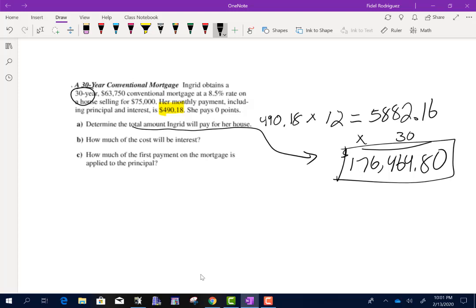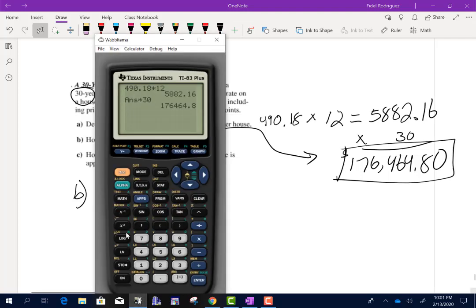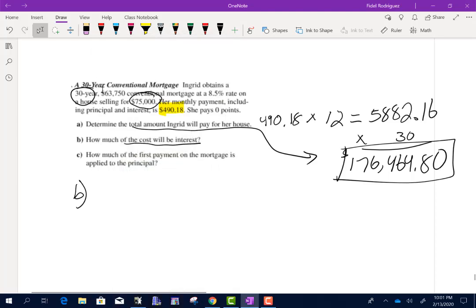Okay. Now, part B says, how much of the cost is going to be interest? Well, think of how much the house cost. The house cost $75,000, right? So I'm going to take my calculator right here, and I'm going to say, what's 75,000 minus, actually, you know what? Her mortgage was this amount right here. She's not paying interest on necessarily all the 75 because she probably put a down payment. That's why she was only mortgaging this amount.